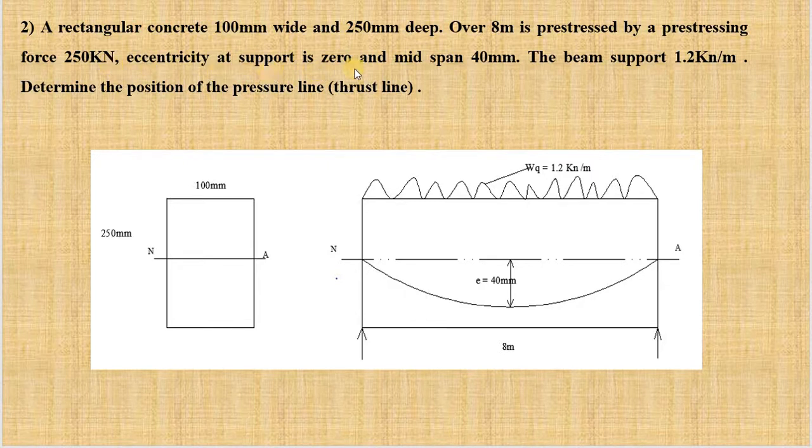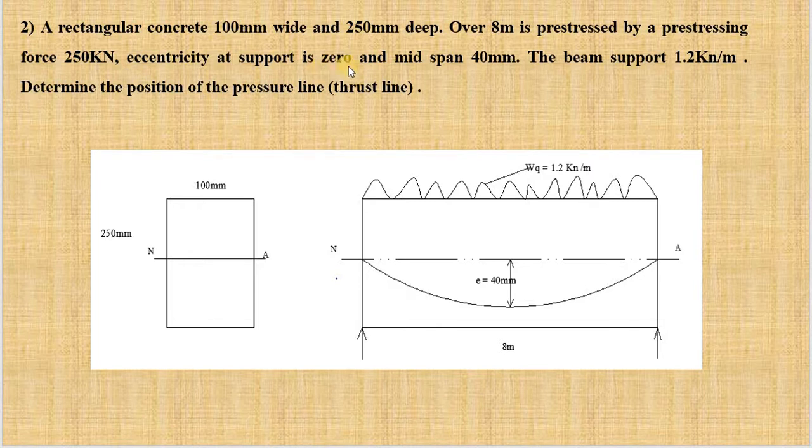Eccentricity at support is 0 and midspan is 40 mm. Here this point is important. Why do we need these values is to find out whether the given cable is a straight line or it's having some variation.